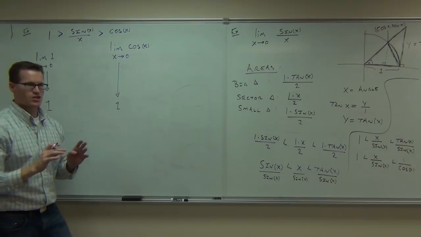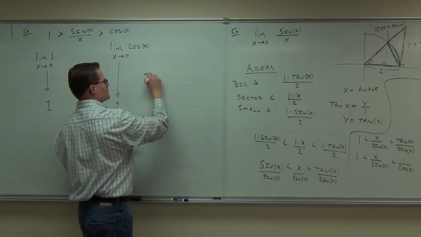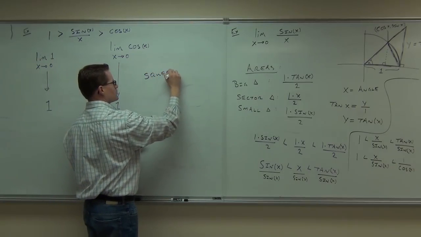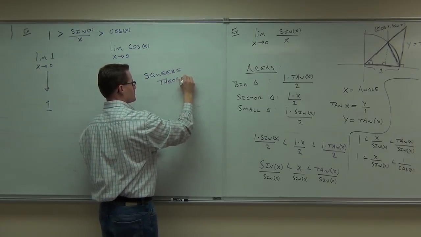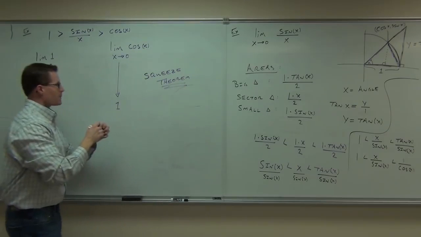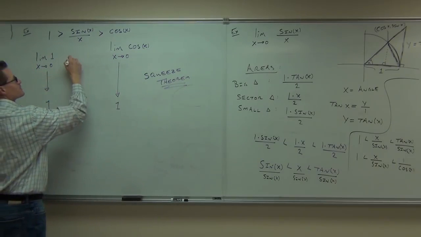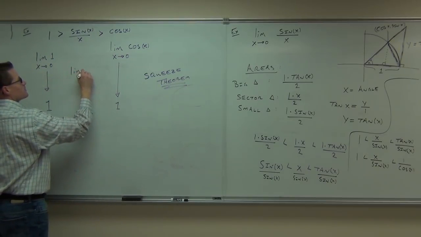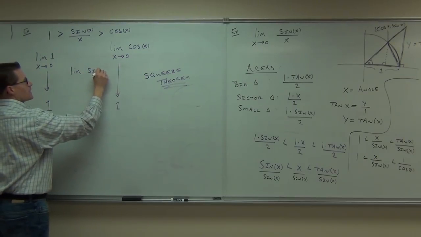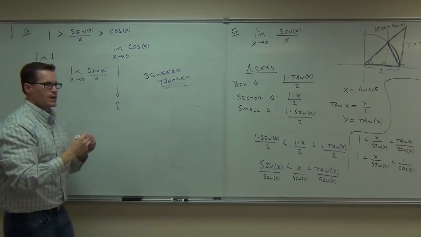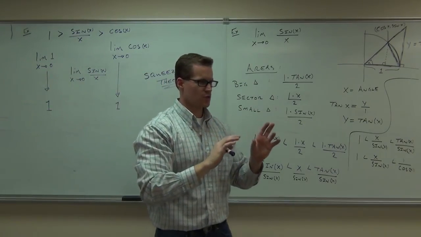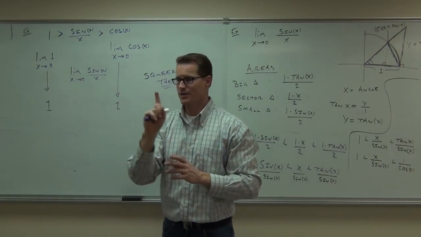Here's what that says. Check it out. This is by the squeeze theorem. If I take the limit of sine x over x as x approaches 0, it was squeezed between two functions whose limit was 1 as we went to 0.